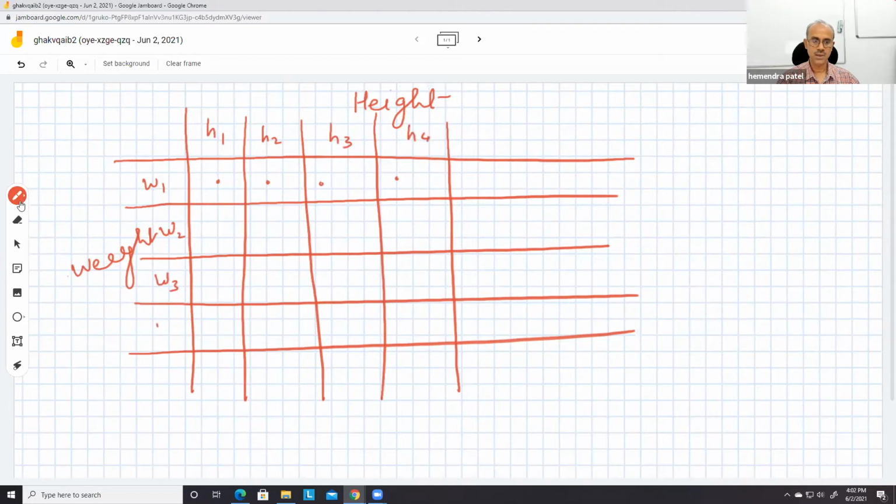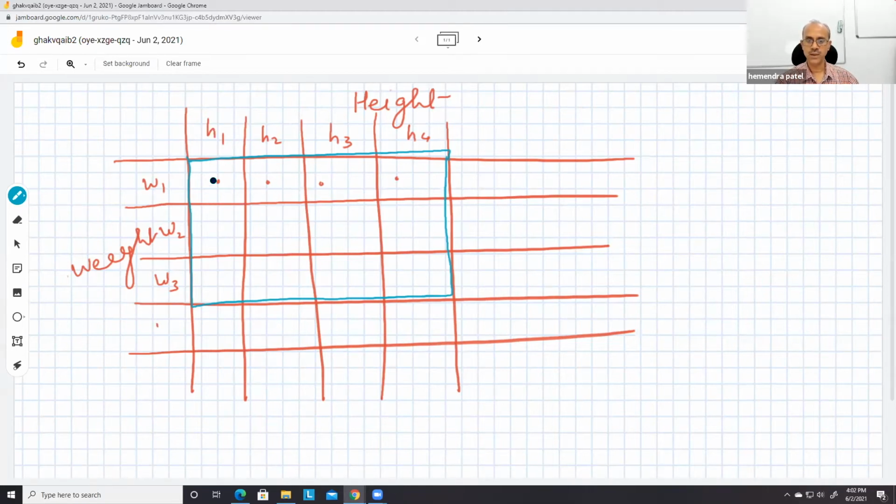Let us concentrate only on this part. If I know the probability that the height is h1 and weight is w1, I may get some number here. So I will have this matrix.